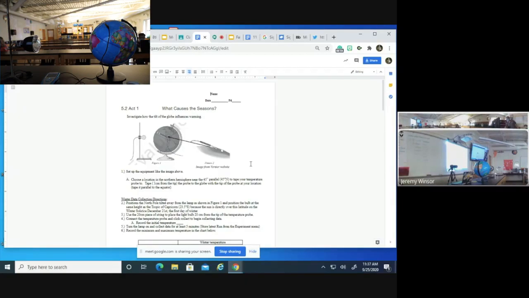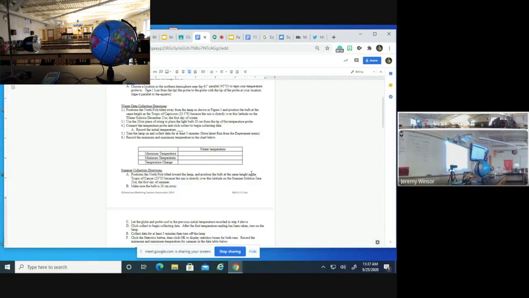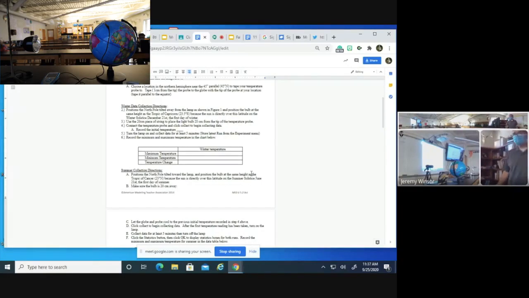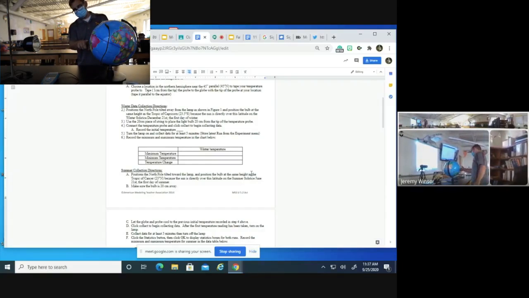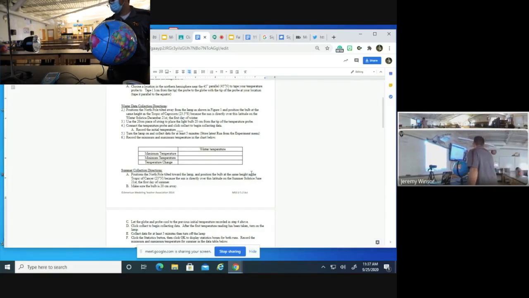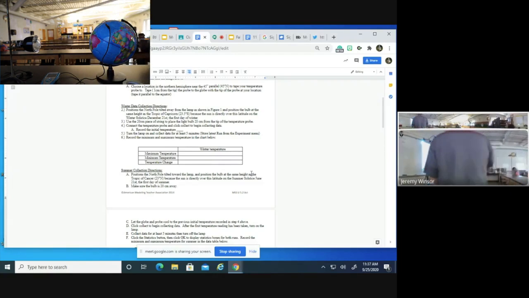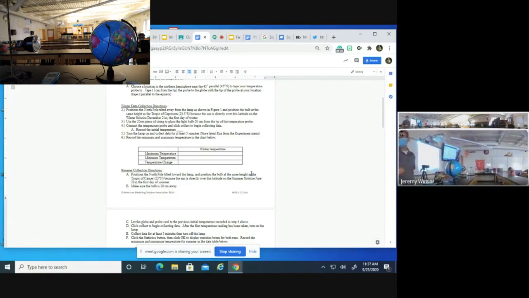If I scroll down inside our worksheet, it wants us to position the North Pole so it's tilted away from the lamp, as we see in figure 1. We're going to position the bulb at the same height as the Tropic of Capricorn, which is at 23.5 degrees. So the Tropic of Capricorn is the line at 23.5 degrees right down here. And if we draw a straight line straight out, we're getting pretty close to that light bulb.